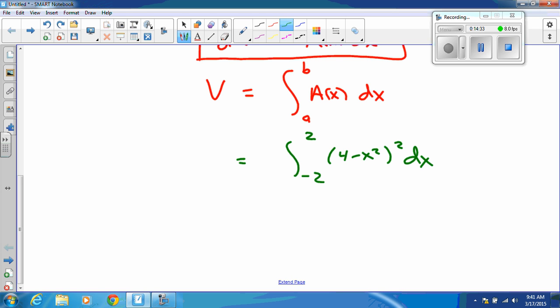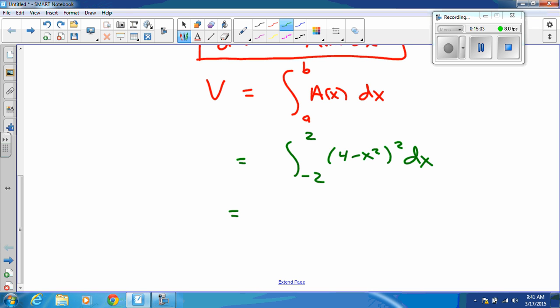So not three-dimensional shapes, but two-dimensional areas that are now extruded just a little bit by an amount dx. Does that make sense? So we could do it with squares, rectangles, trapezoids, circles. We could do it with ellipses. Equilateral triangles, anything that we can find an area for. Okay.